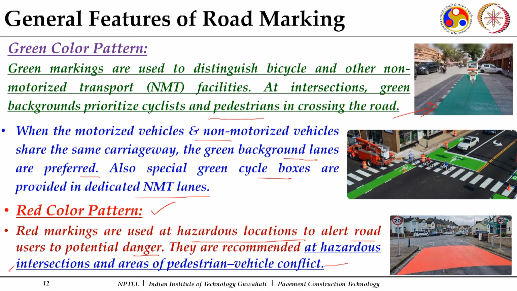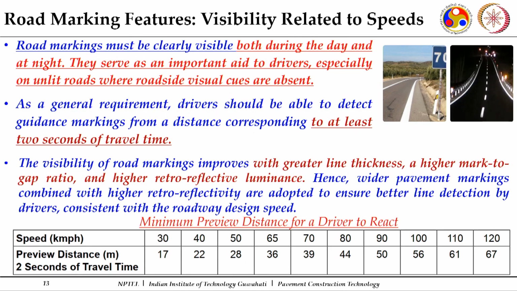So, the colors of these markings, which are typically white, yellow, green and red, are again used for specific purposes. Then the second important criterion is visibility. It should have good visibility during the day and night time. Not only daytime, night time also it should have good visibility.